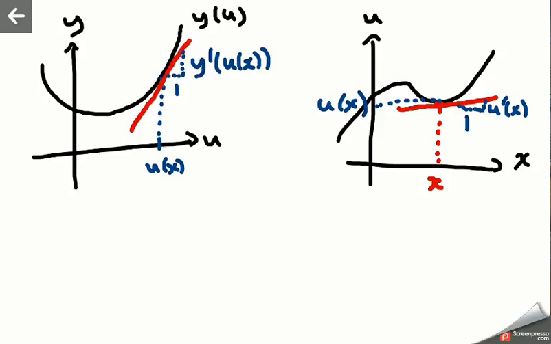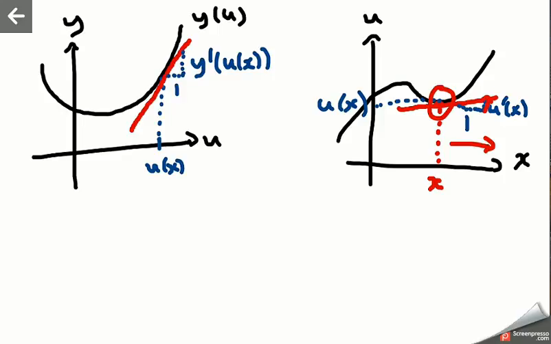And hence, as x increases by 1 unit, u of x at this particular moment is increasing by u prime of x.